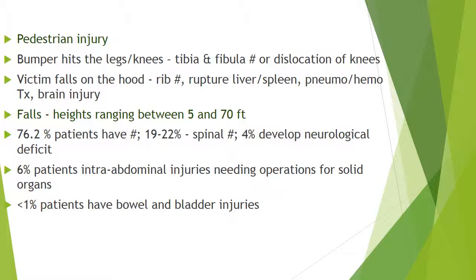Therefore, one can realize that during a fall, the most common thing that you will see is a fracture, pelvis being one of them. 1 out of every 5 would have spinal fractures, and 4% would have neurological deficits.